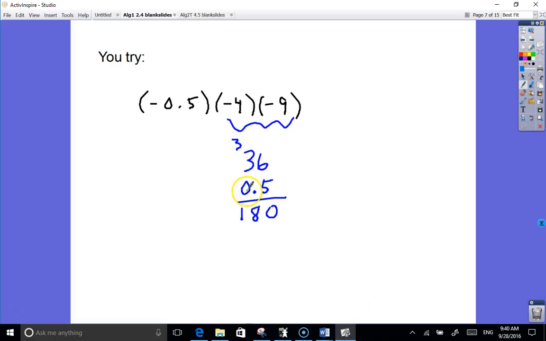Now, the next number is 0. We don't have to multiply by that. And then where do I put the decimal point? Since the 0.5 was over 1, we need to go over 1 to make our decimal point. So it's 18. Now, the sign of it should be negative because it was actually a negative 0.5.